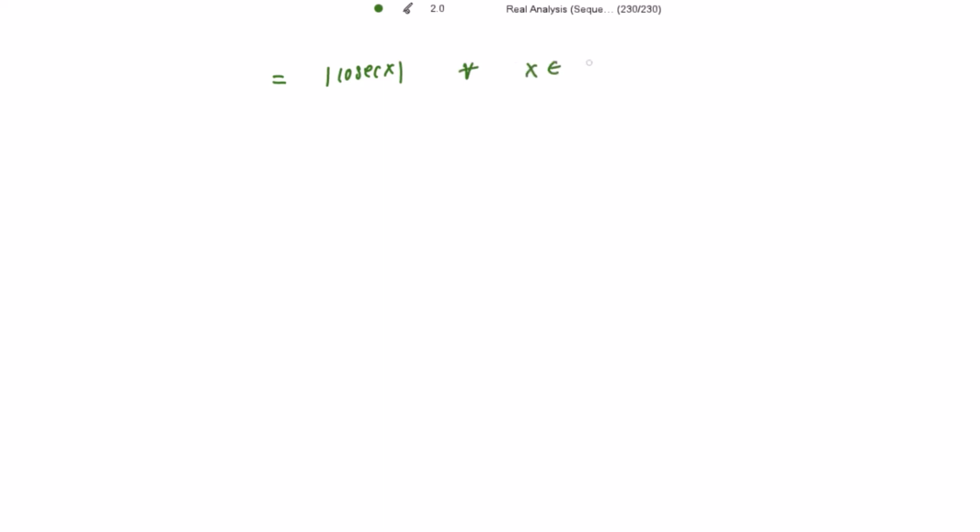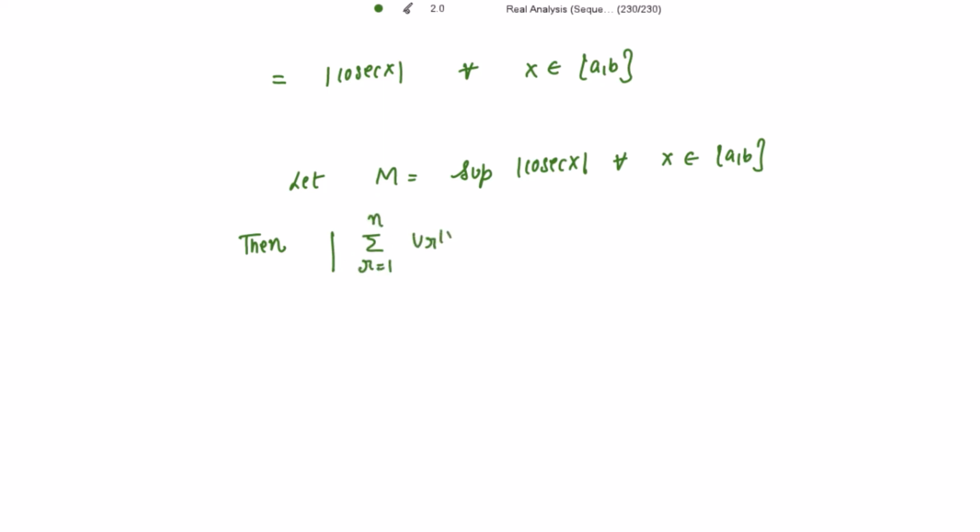Let's take m to be the supremum value of mod of cosecant x for all x belonging to the closed interval ab. Then the left hand side, that is mod of the summation r going from 1 to n of urx, is less than or equal to this m for all x belonging to the closed interval ab and n belonging to the natural numbers. This is what is needed to be proved for the second condition of the Dirichlet test.